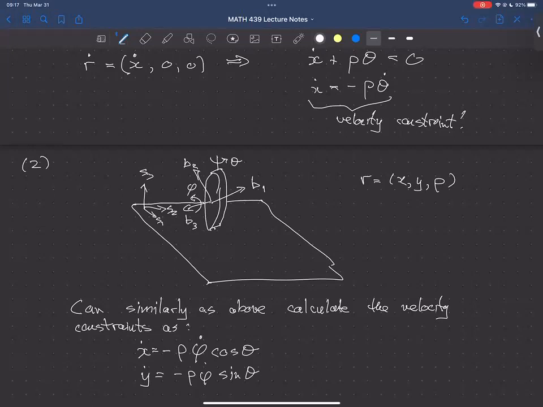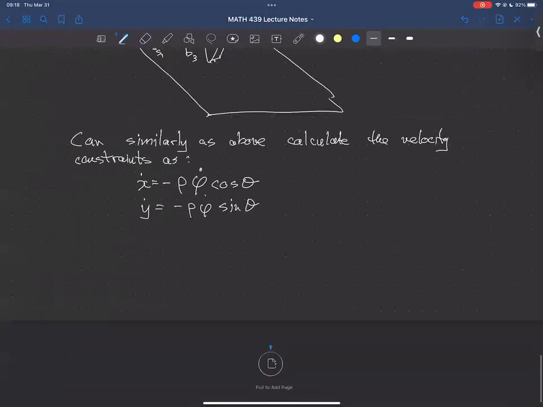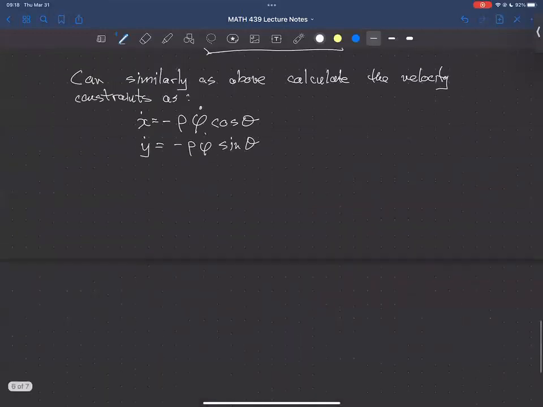I have two velocity constraints. Is it really the case that Q is two-dimensional, 4 minus 2? The answer is no. So there's something fundamentally different between these two examples, and that's one of the things we're going to understand. Questions?